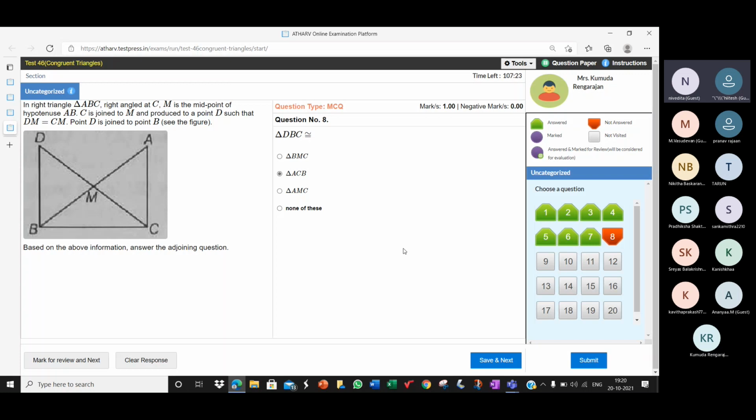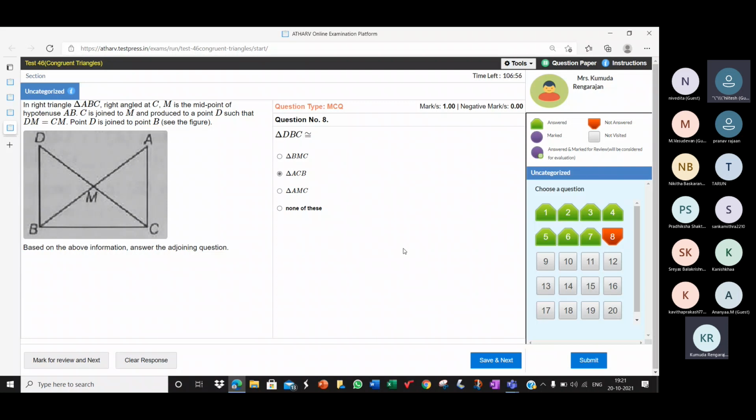Very good. How do we know that DB is equal to AC? By CPCT, because we proved that triangle DBM is congruent to triangle ACM. If you say DBM, you must say CAM.